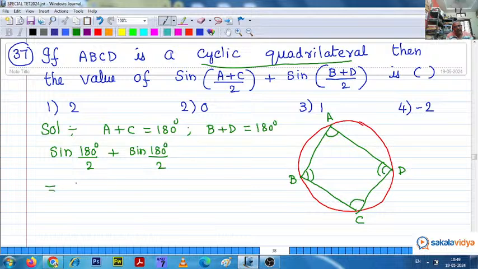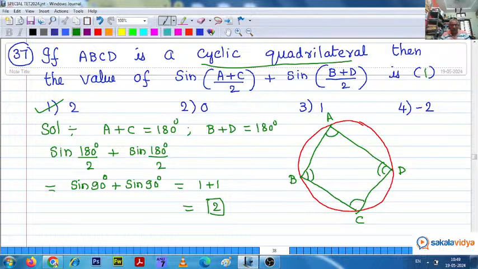So this is sine 90 plus sine 90. Am I right? Sine 90 is 1, so 1 plus 1 is 2. So our answer is 2. That means the first option is the right option.